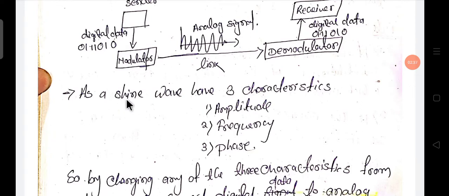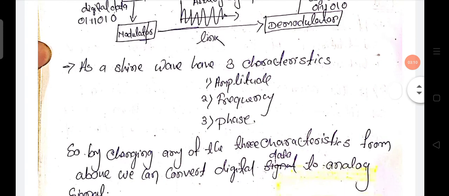As the analog signal, let's say we use a sine wave. Naturally, a sine wave is an analog signal, and this sine wave has three characteristics. One is amplitude, the second is frequency, and the third is phase.